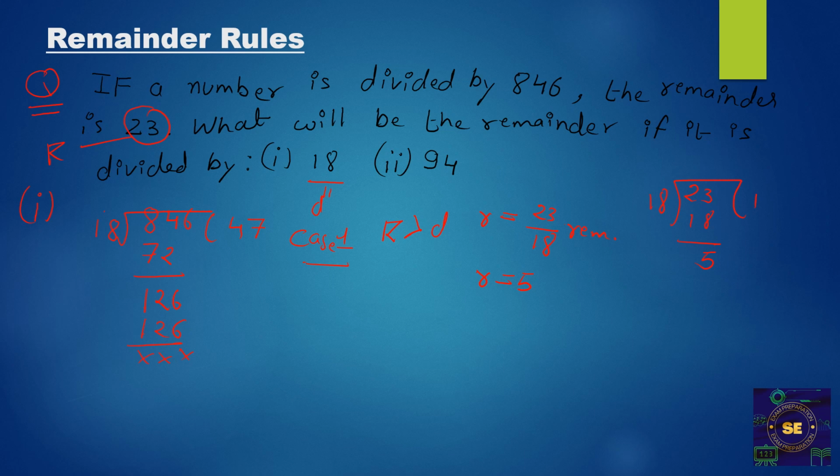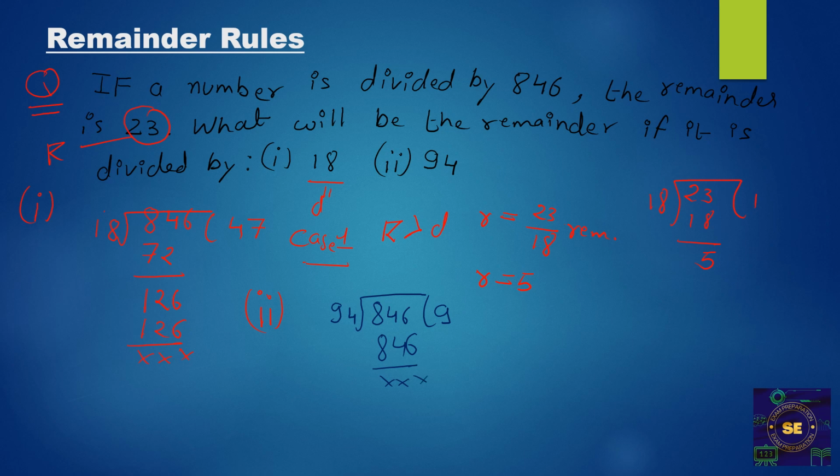Now let's see the second question. Let's see whether 846 is a multiple of 94 or not. How will we check? We know it will go by 9, so 94 times 9 is 846.